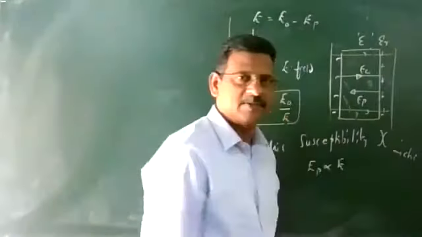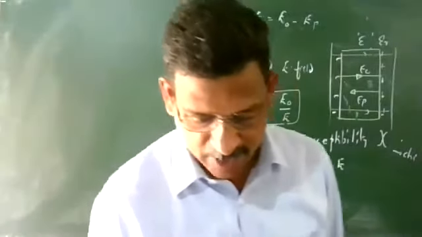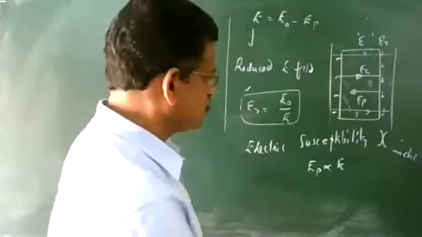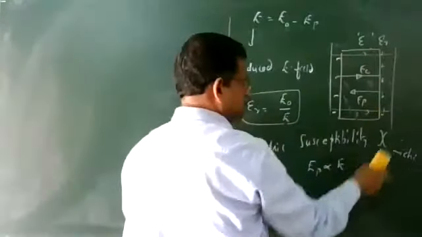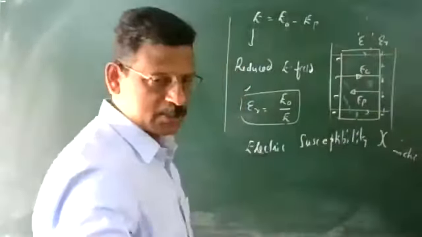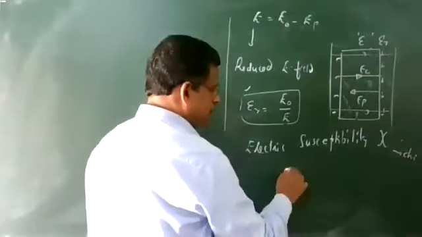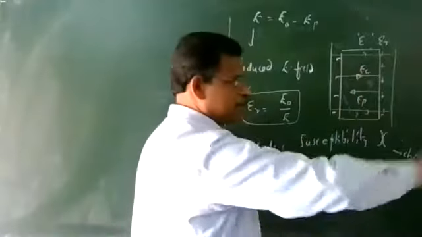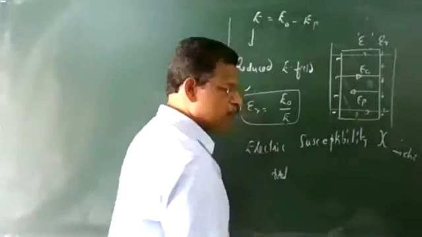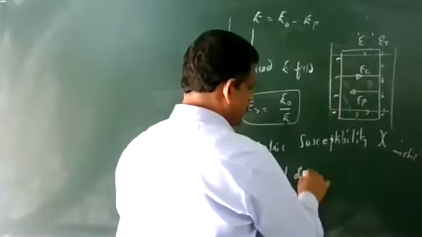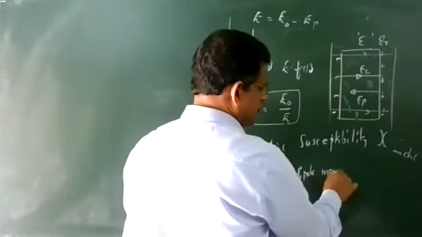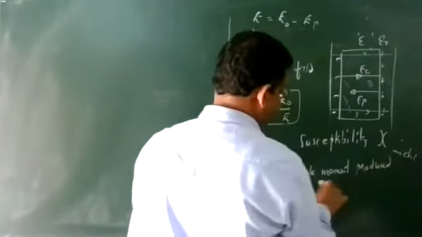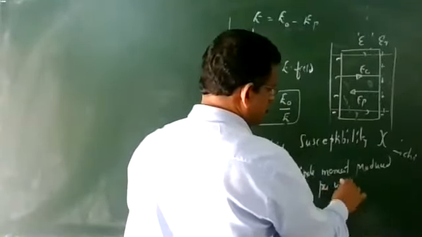Now, polarization is the total dipole moment produced per unit volume. The charge is here, the negative charge is there, and they produce a dipole moment.